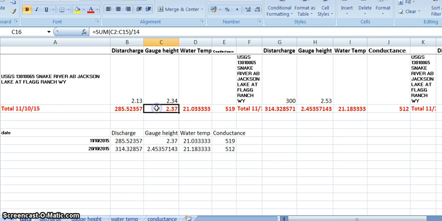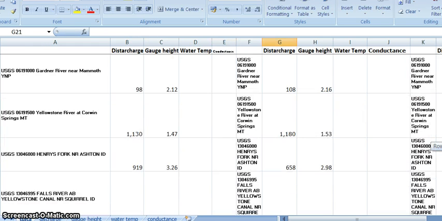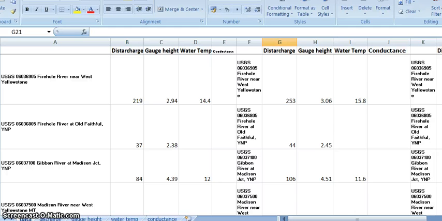There were only 6 readings taken for water temperature, and only 1 reading there, divided by itself by 1.